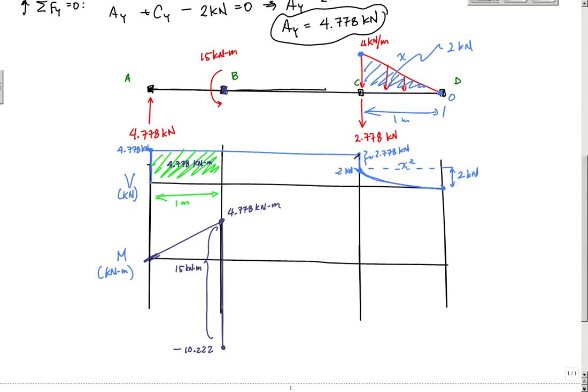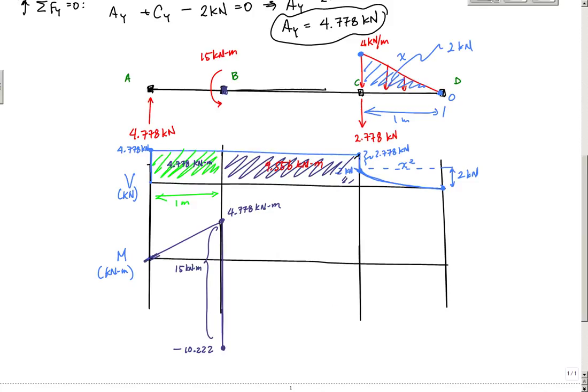Then, in this zone, for 2 meters, I have this area, which is 9.556 kilonewton meters. So from this point down here, going to the right, I'm going to jump up by this area, 9.556 kilonewton meters.